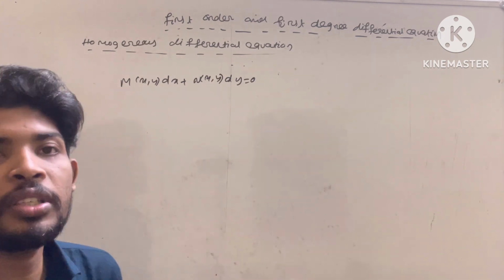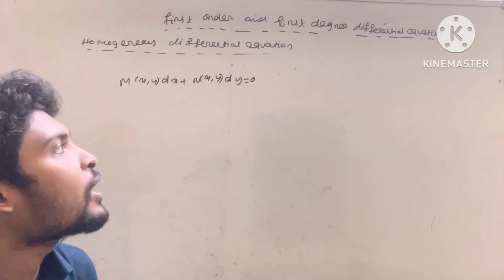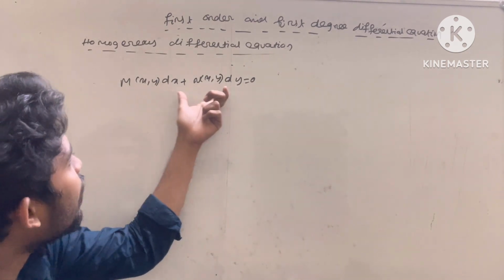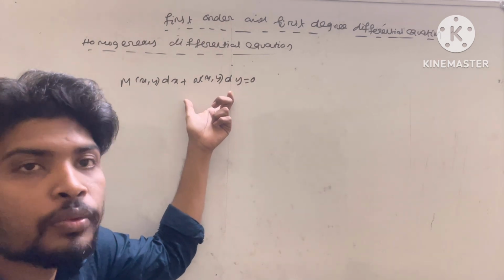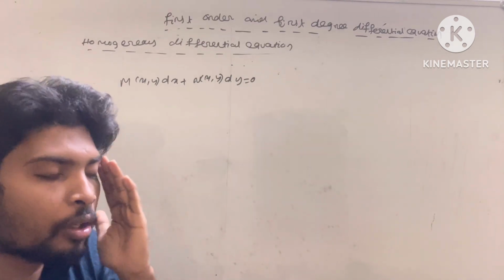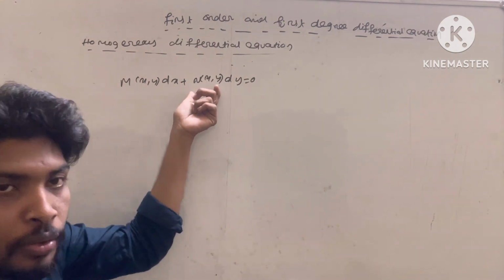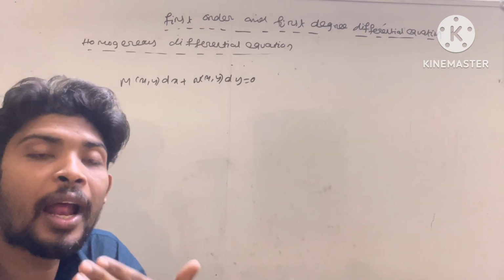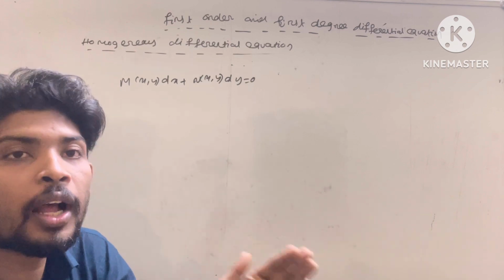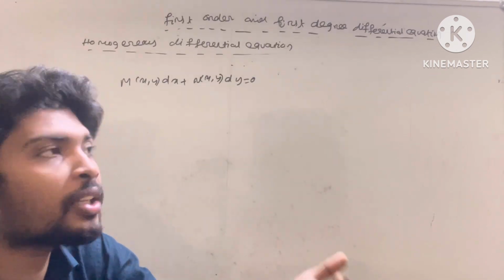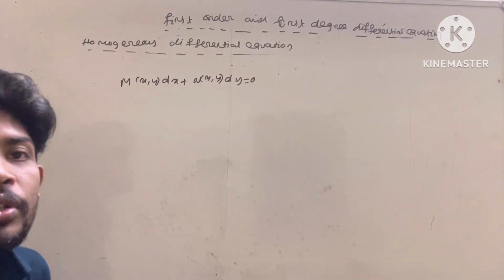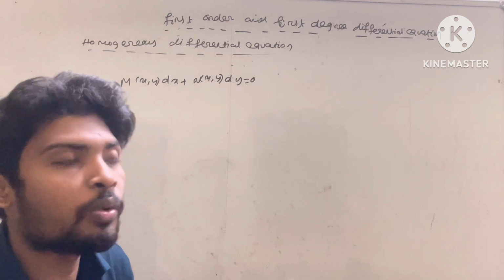This differential equation is said to be homogeneous if M(x,y) and N(x,y) are two homogeneous functions of the same degree. Look at this very carefully: both have the same degree. Then you say that this is a homogeneous differential equation.